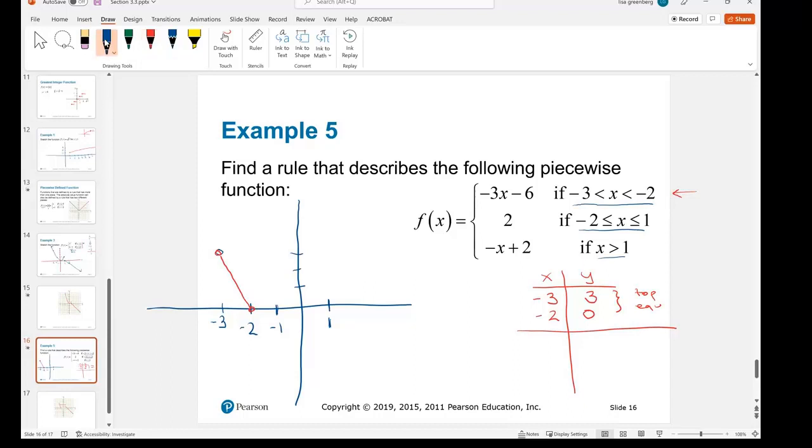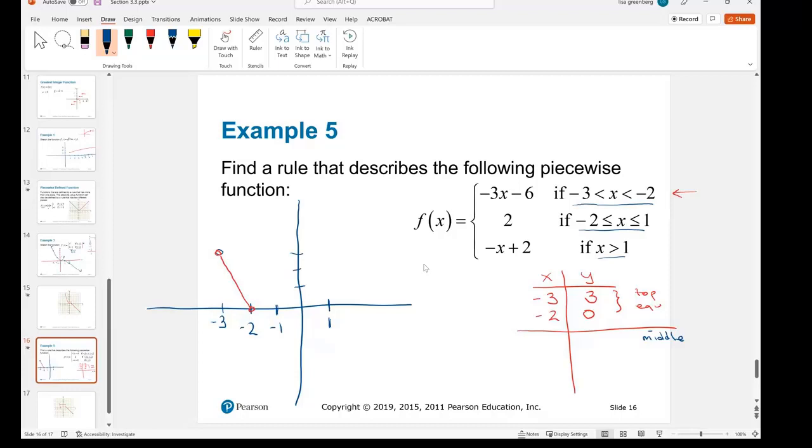I'll do them all in different colors. Then we have the middle part, right? Which is 2. And that does include -2. So this is for the middle, when x is between -2 and 1, including both endpoints, my y value is 2.